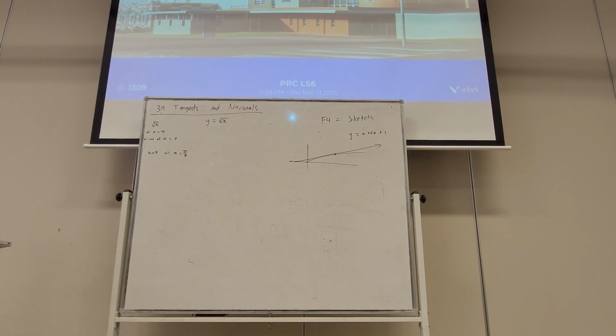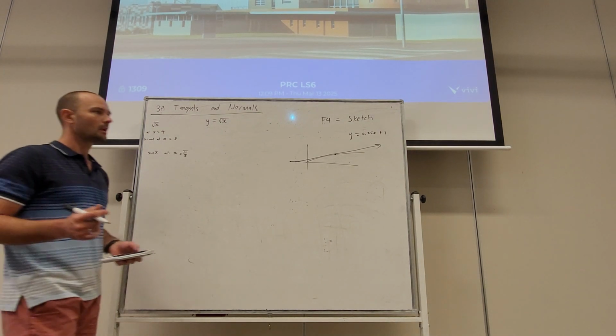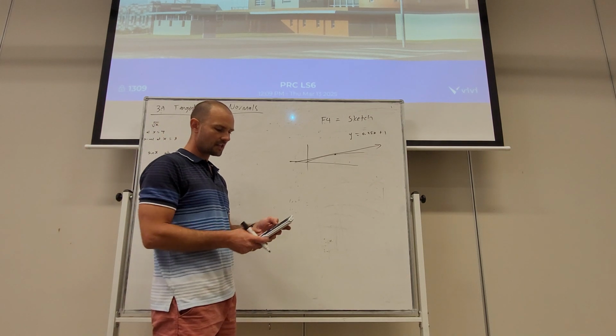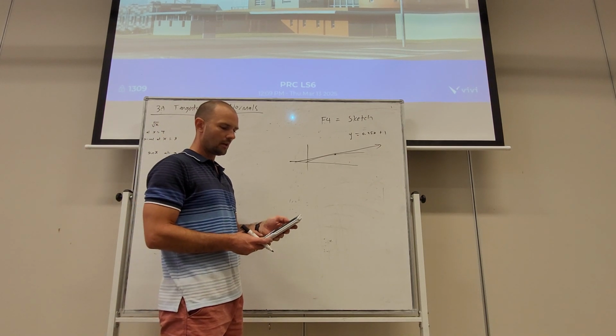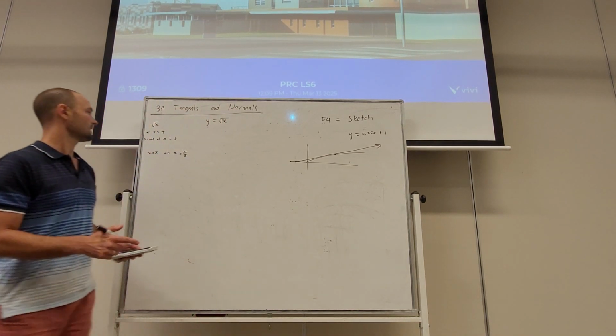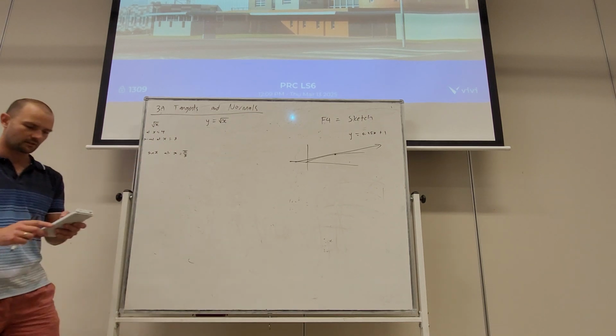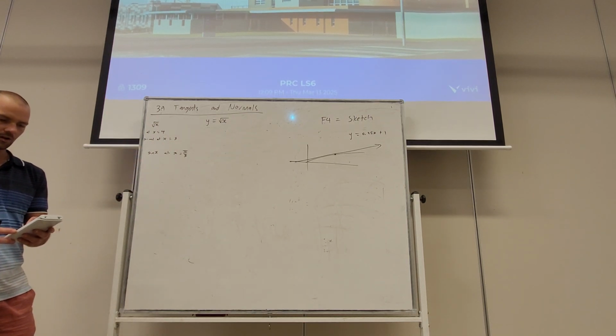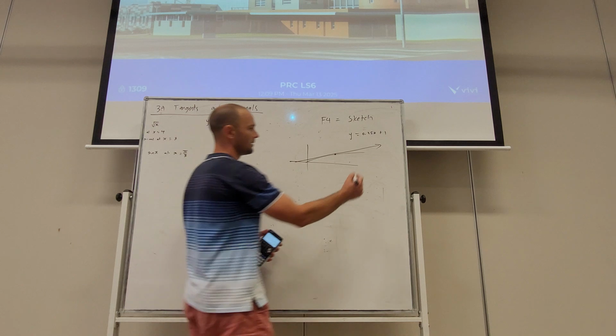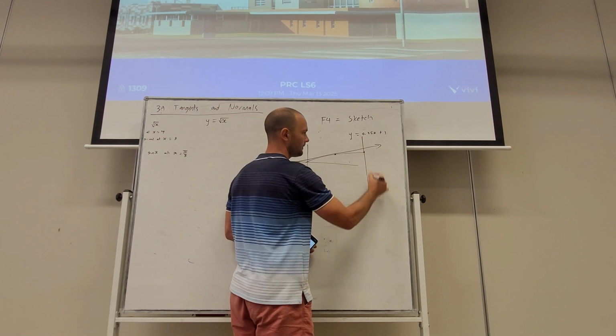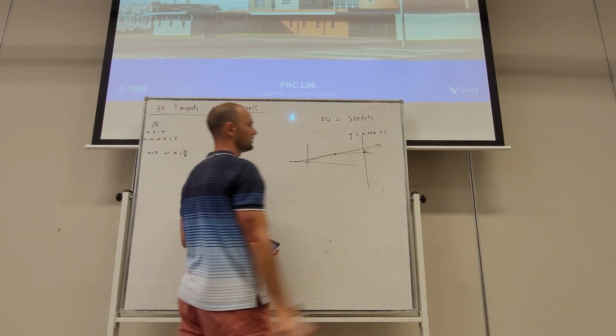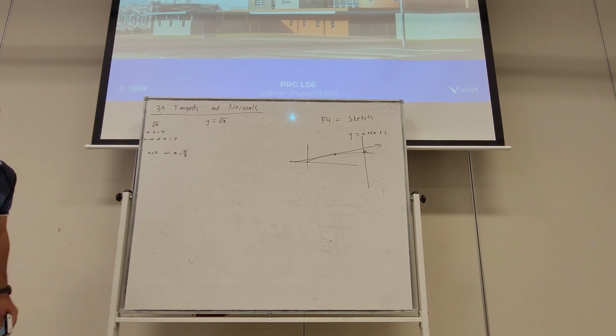What we can do as well is sketch the normal. So again, we'll go into sketch. We can press normal, and we want the normal when x is 9. This time we'll type in the number 9, and it's going to draw the line perpendicular to the curve, which means it meets the curve at 90 degrees when x is 9.